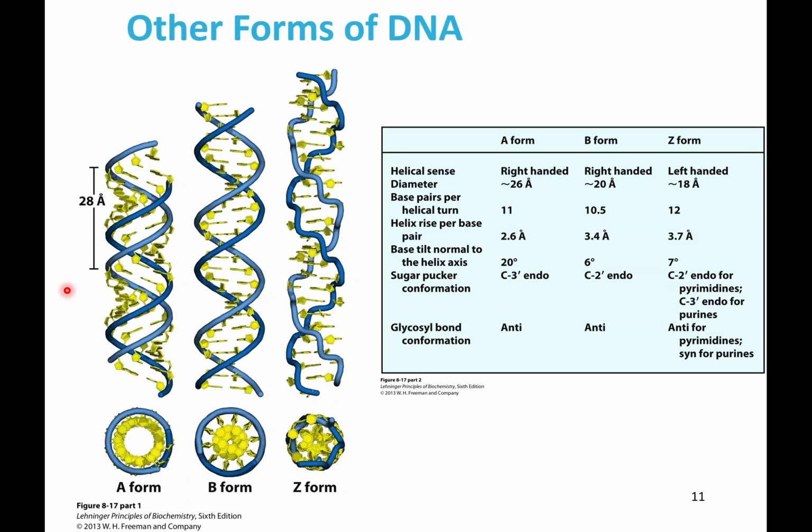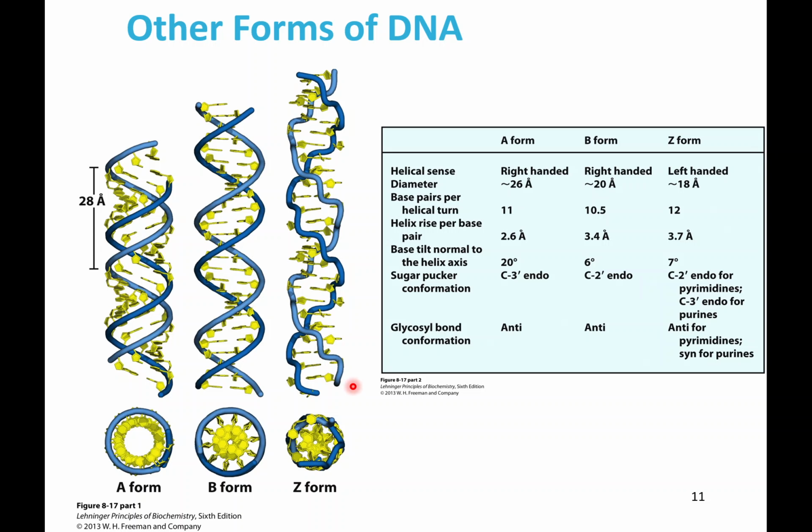And then what's not shown in the table, the periodicity between turns here, that would be 28 angstroms in the A form, and that was 36 angstroms in the B form. So right, it's less than the B form. So it's almost like the B form got kind of smashed down.